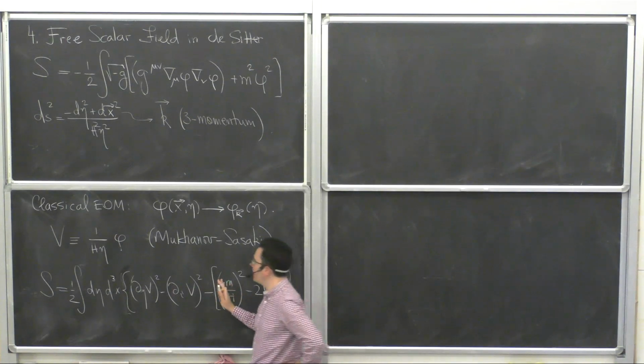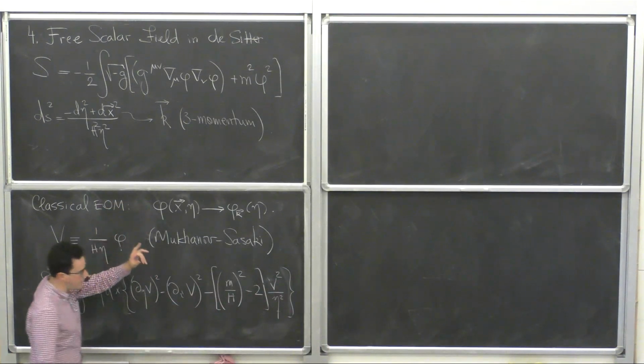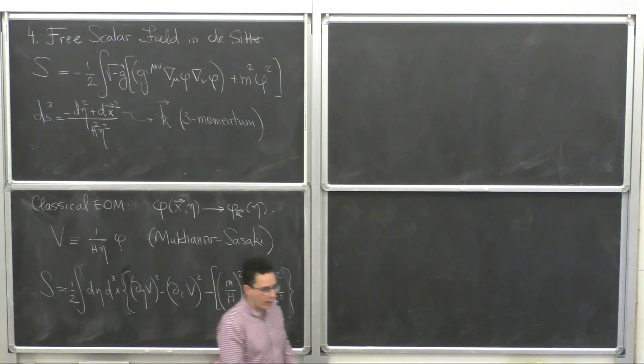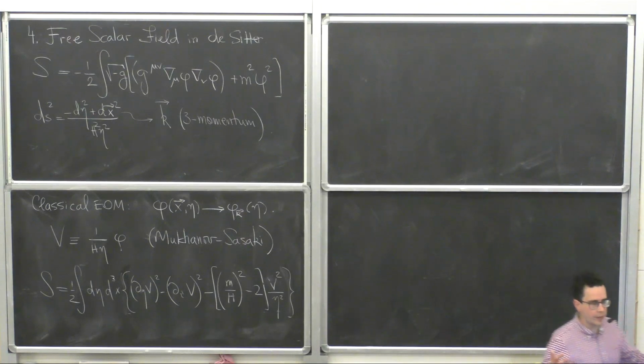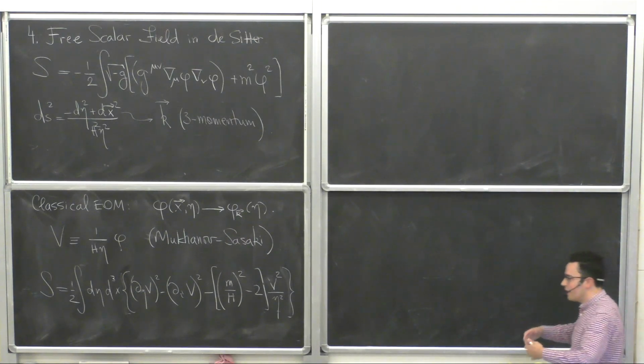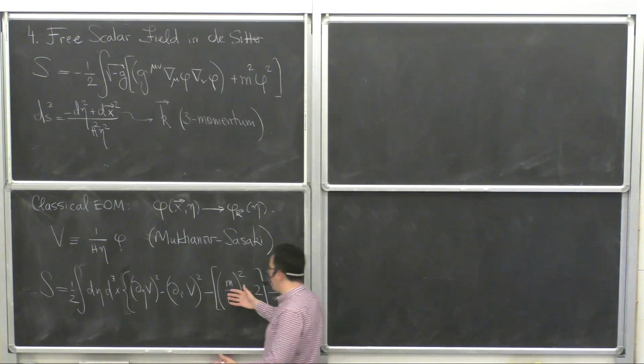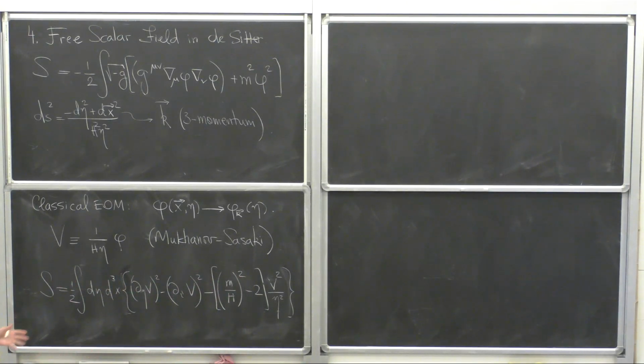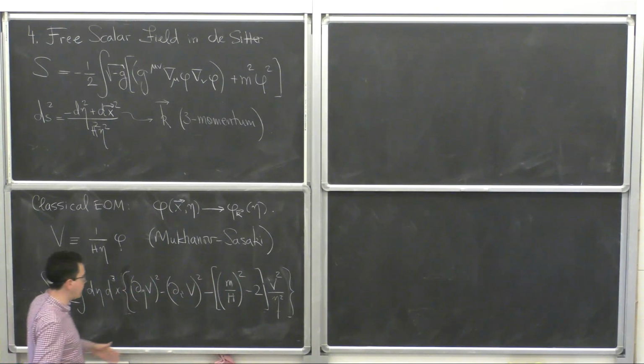All massive representations with m squared positive are completely fine and unitary, but it looks peculiar, it looks tachyonic. What happens is that the particle production in de Sitter space is tremendous. So it looks like there's a runaway, but the runaway competes with the expansion of the universe, and you get some finite density in the end.